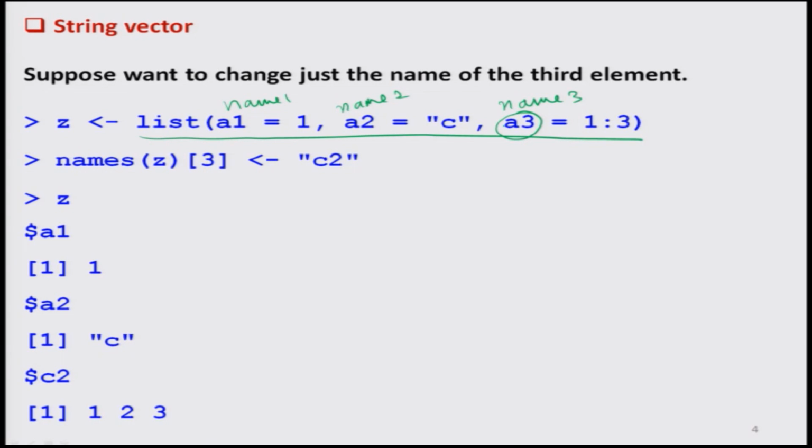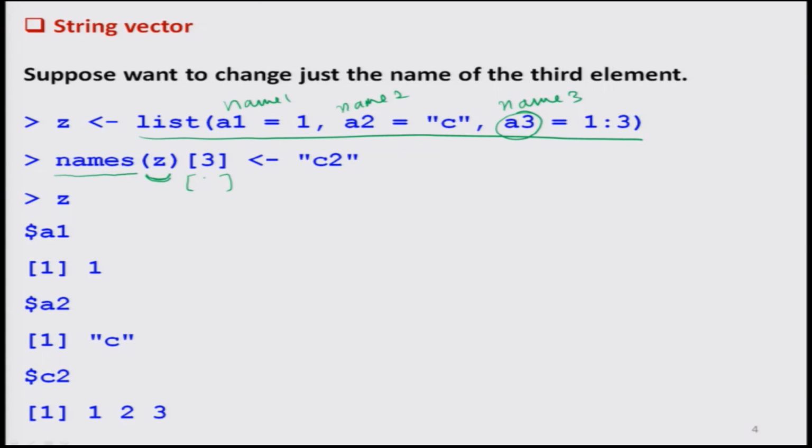So, the syntax here is that you call a particular name by the command names, all in small letters. Inside the brackets you write the name of the variable that is containing the list, and then use square brackets and write the position, the address of the element which you want to call.